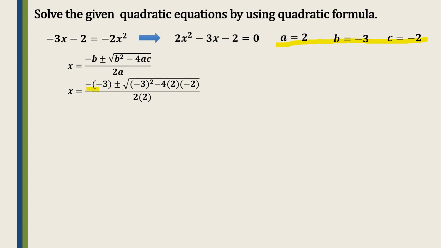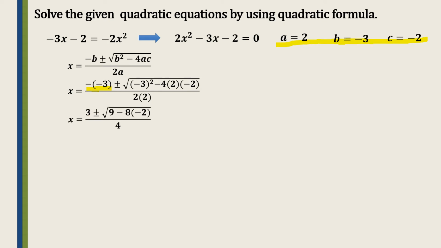Then, the given, yung b natin ay negative 3. So, isulat pa rin natin ang negative 3. Kaya nagkaroon tayo ng negative times negative 3. Ituloy natin, plus minus the square root of negative 3 squared minus 4 times 2 times negative 2 all over 2 times 2.